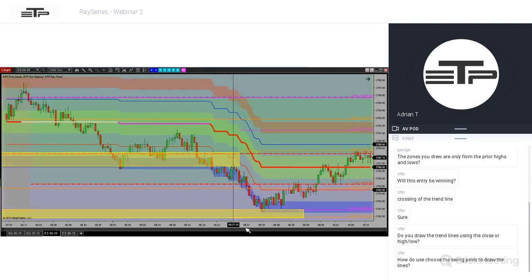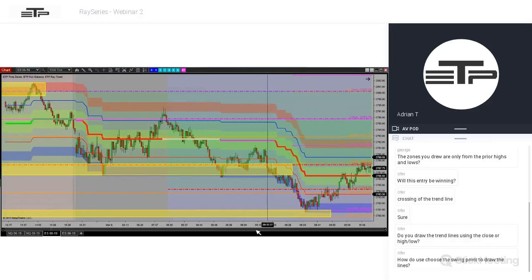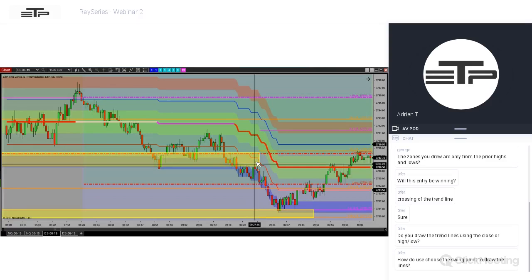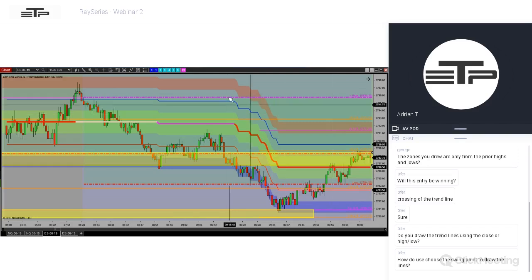Okay, so using the Ray trend to do trend continuation trades. So you see when price came into this zone, we had a confluence of the 38.2% and the low of the day. Actually, that's the low of the previous day. And price pushed down and then came back up into the mid band to give us more of a confluence.